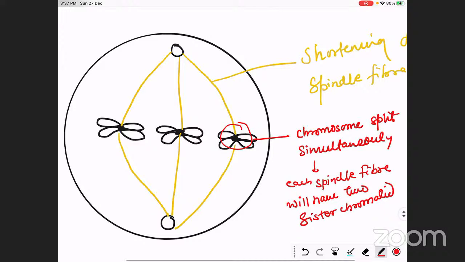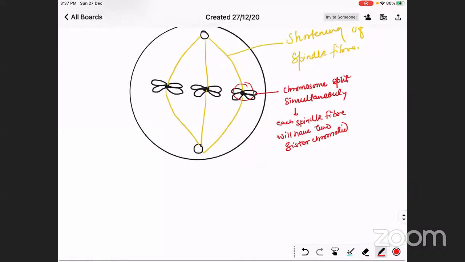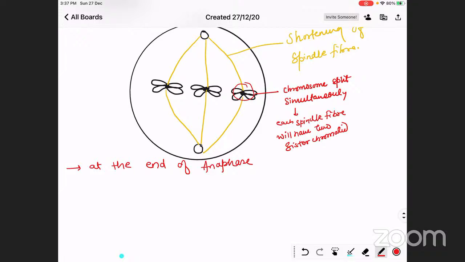At the end of anaphase, first thing, the centromere splits and chromatids separate.